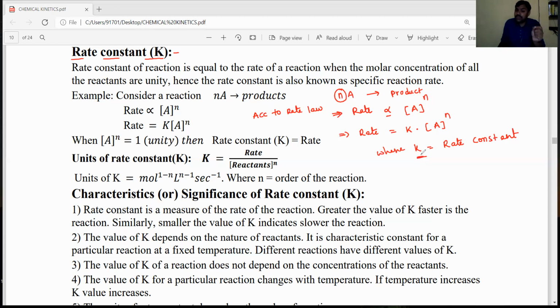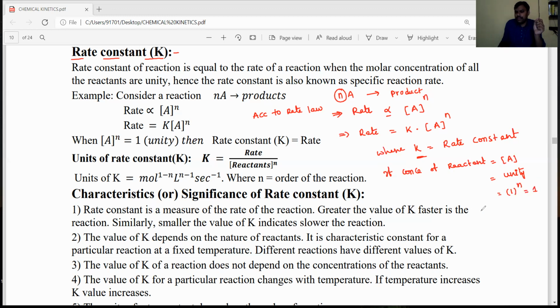Now, what is the definition of K? For example, if the concentration of reactant A is unity, meaning 1, then 1 to the power of n is equal to 1 only.